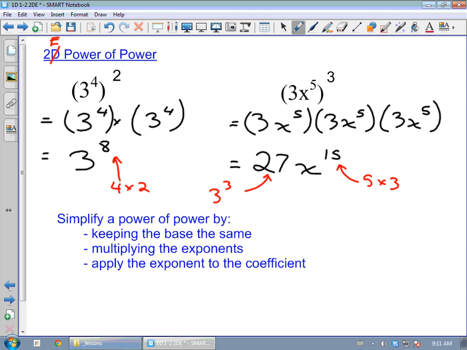We can simplify a power of a power, or a power raised to another exponent, by keeping the base the same, multiplying the exponents, and then applying the exponent to that coefficient. So here our coefficient was 3, so we can apply that 3 to that base of 3.